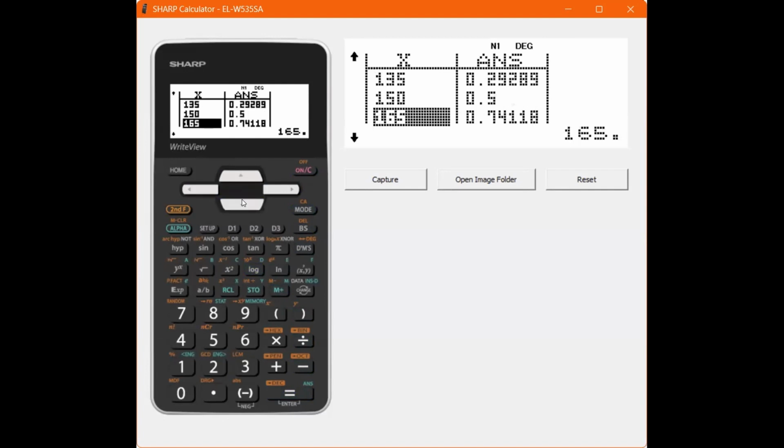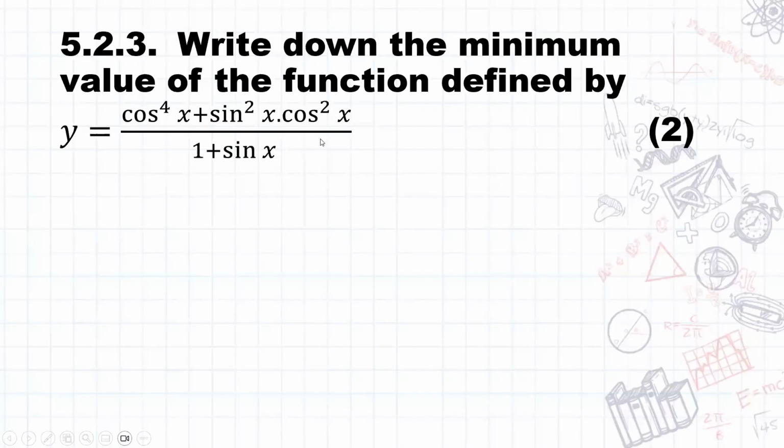And then it goes positive again, positive, more. And so my minimum value, if I continue looking, is always 0. So here we can just write minimum is 0, and you will get 2 marks for that. You don't even have to prove anything else, just to find that that is 0.